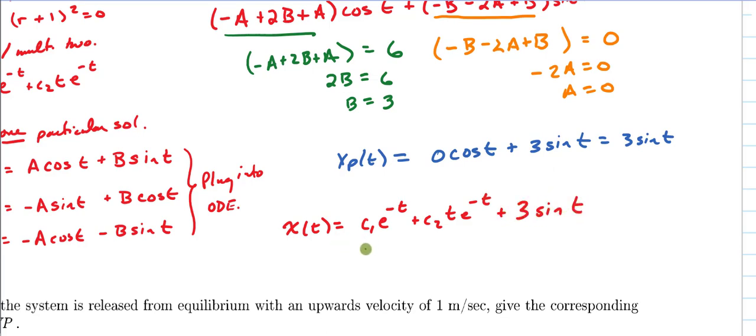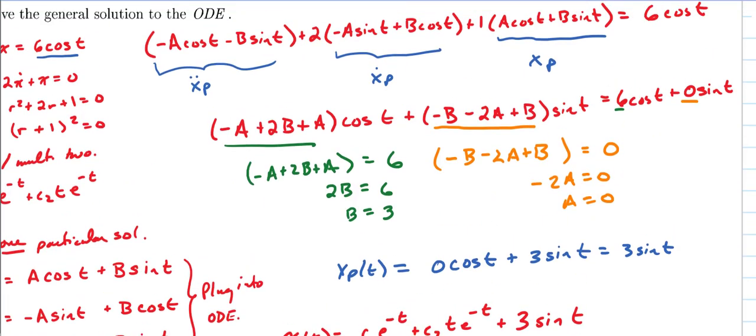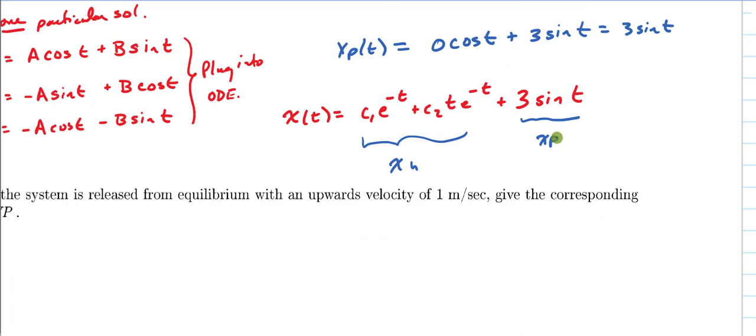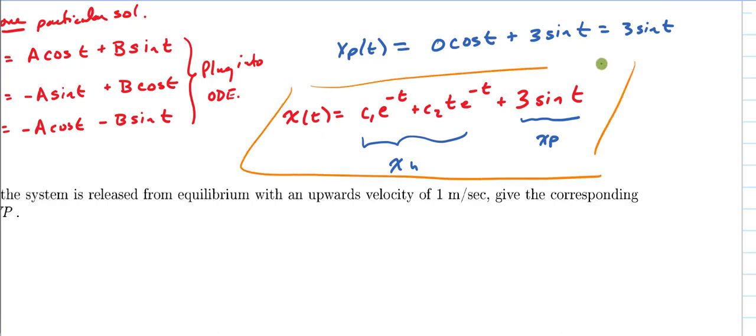And just to reiterate, this was our family of homogeneous solutions to the corresponding homogeneous ODE. And this is our one particular solution that we found through the method of undetermined coefficients to the original non-homogeneous ODE. And all of this together gives us our solution to the ODE. I'll see you in the next video.